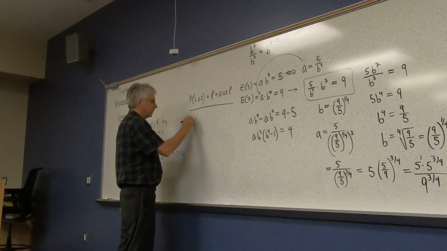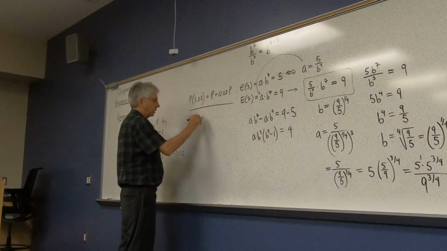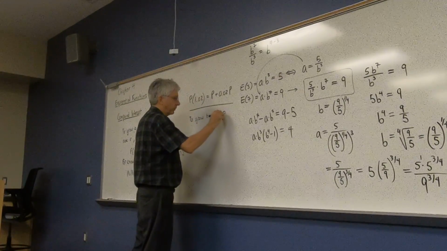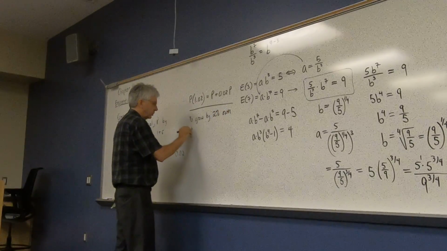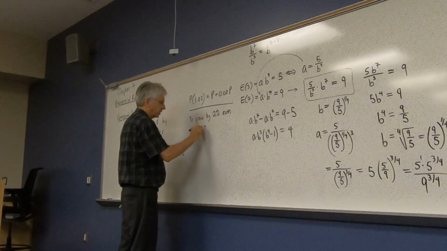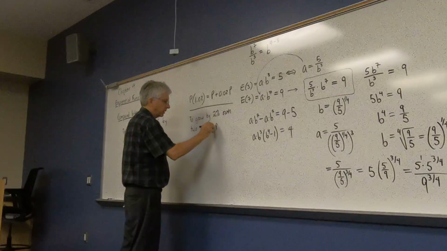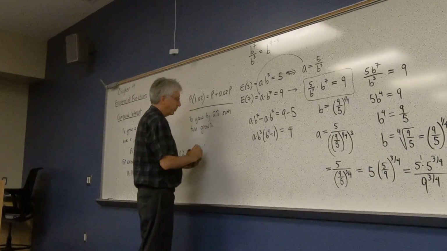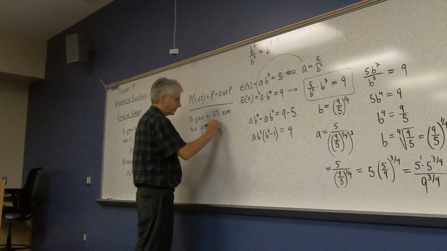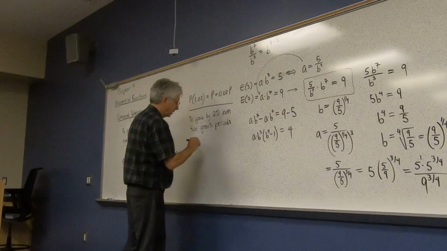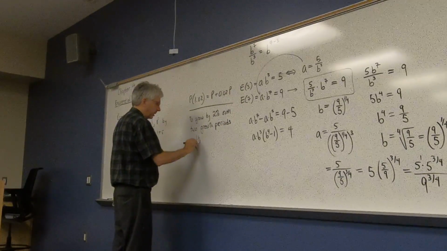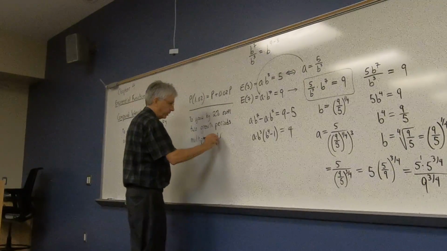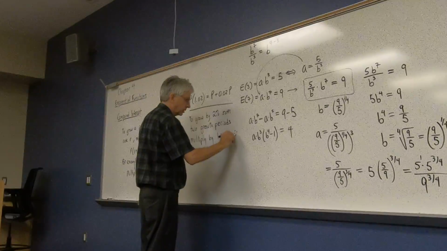So to grow by 2% over 2 growth periods. What's a growth period? Well, for annual interest, a growth period is 1 year, right? Multiply by 1.02 twice.